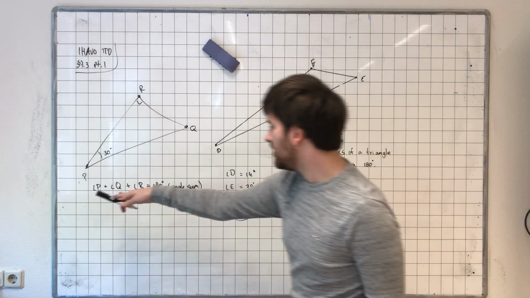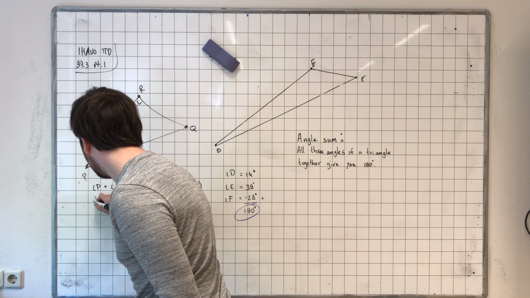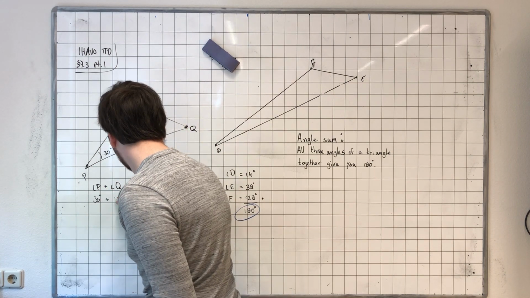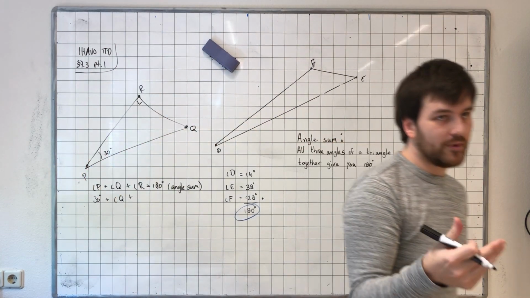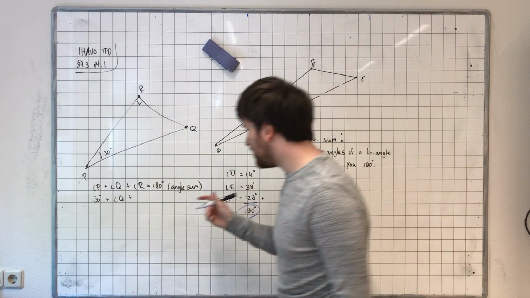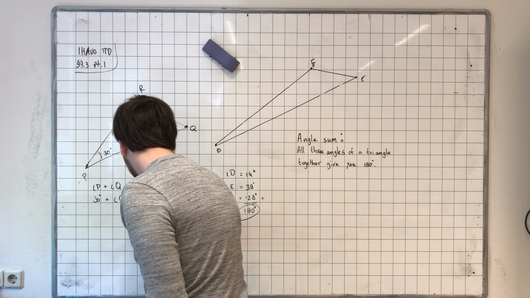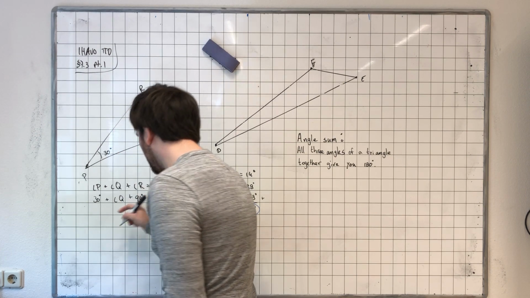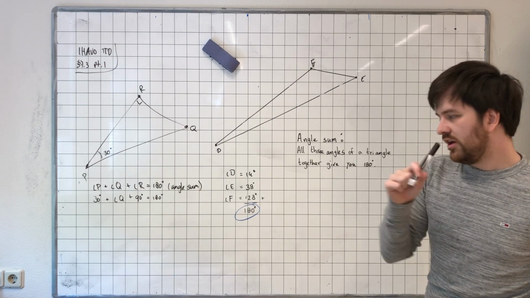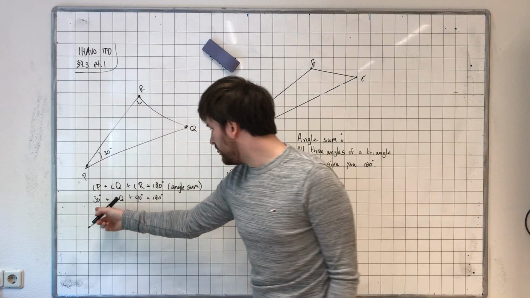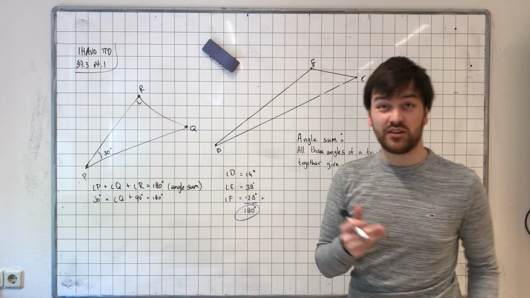Okay, let's assume that this is true. Then we already know that B is 30 plus angle Q, we don't know that number yet. A right angle, remember, is 90 degrees, always. So what should Q be? Well, these two things together are already 120.